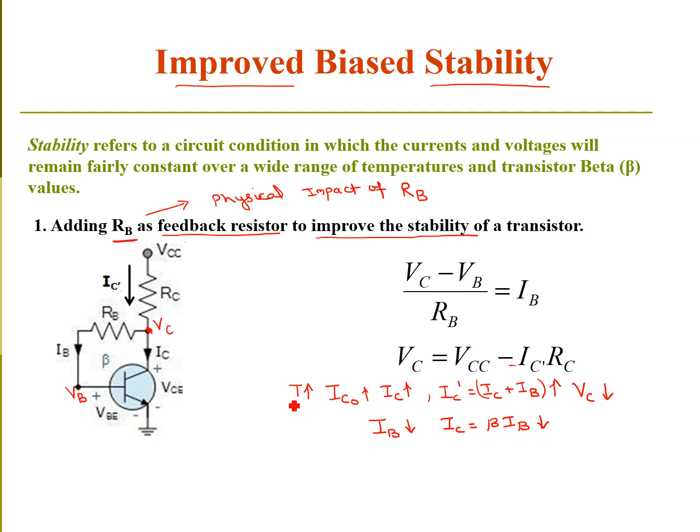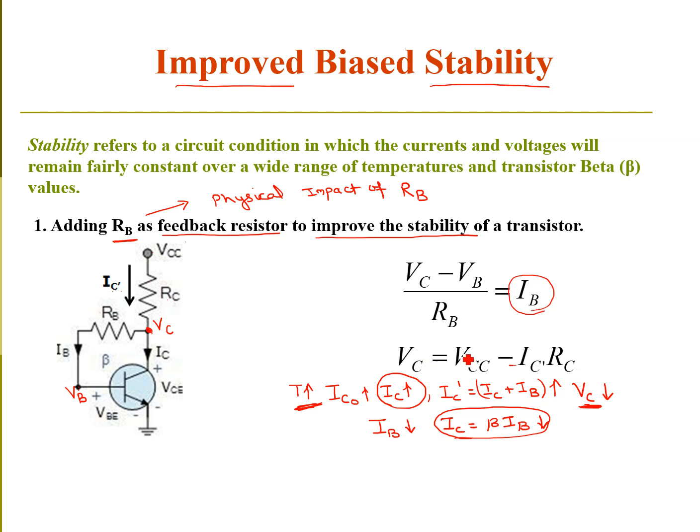So whatever rise in the current IC was there because of temperature is reduced because of the voltage drop VC, which is affecting the current IB.